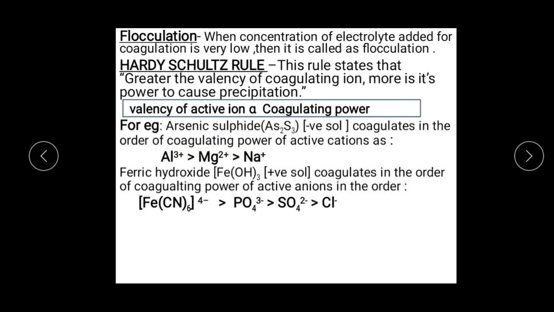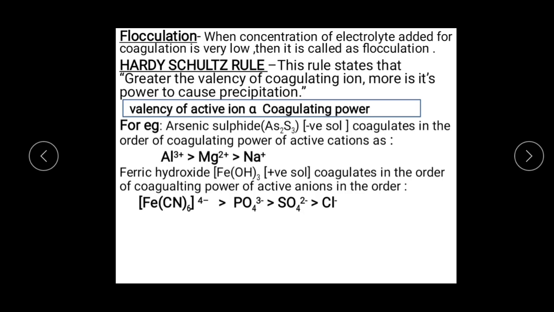Now, with this topic, there are a few terms associated with it. First is flocculation. When the concentration of electrolyte added for coagulation is very low, it is called flocculation. Now, there is a very important rule you should remember, that is the Hardy-Schulze rule.